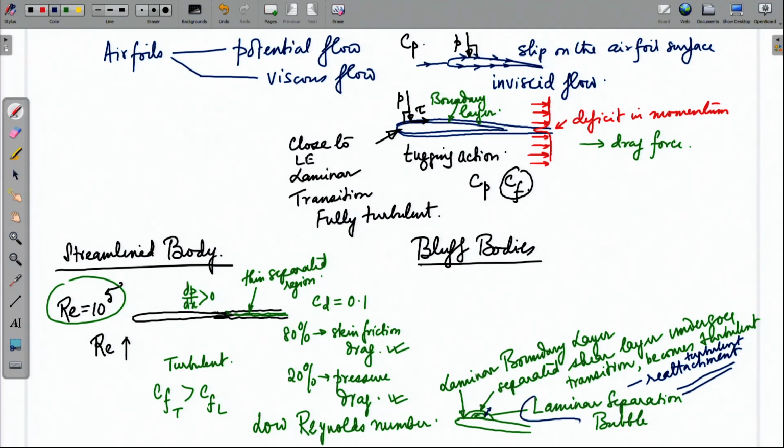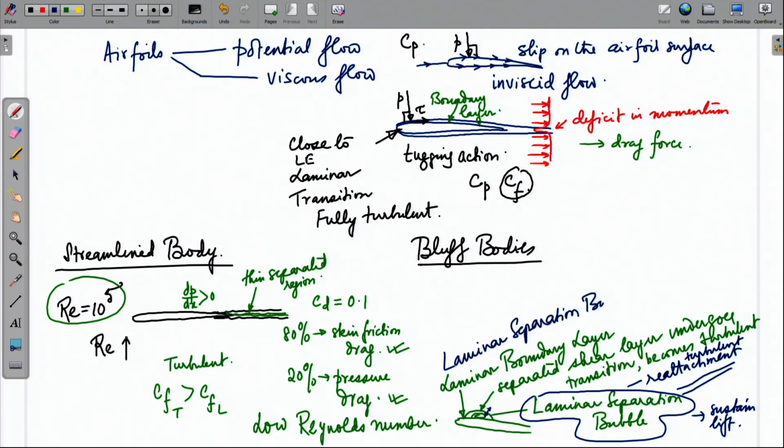So, this is called a laminar separation bubble, which gives a local peak to the Cp distribution on the upper surface of the airfoil, and it enables the airfoil to sustain lift at moderate angles of attack. So, this is what is called a laminar separation bubble.